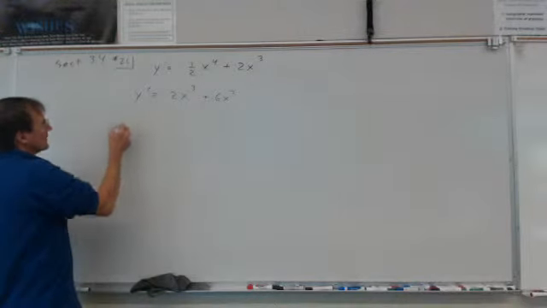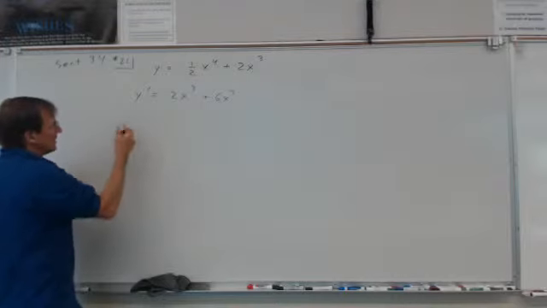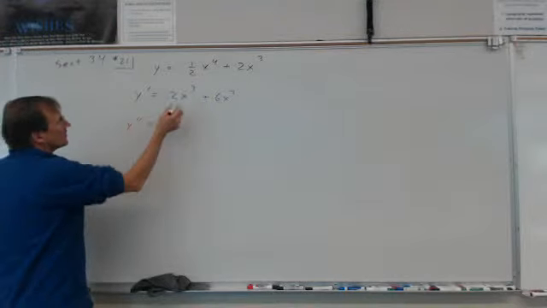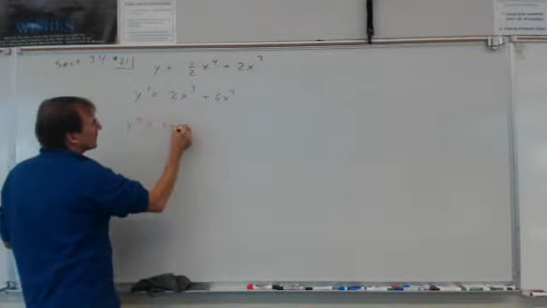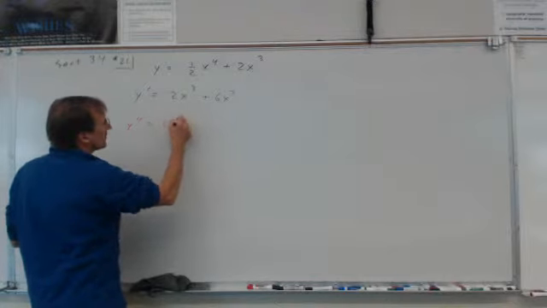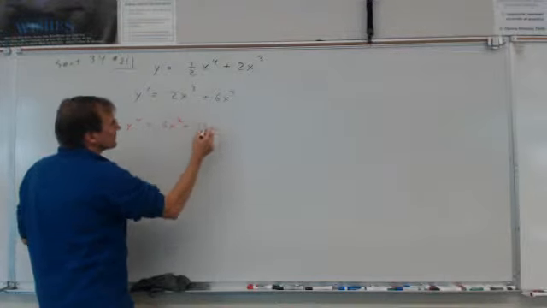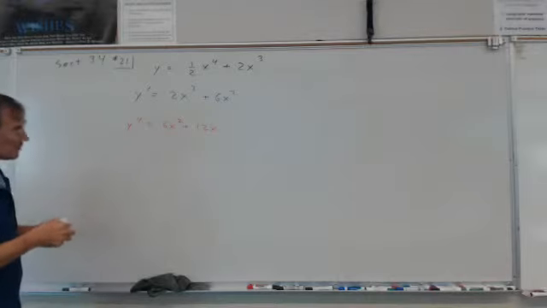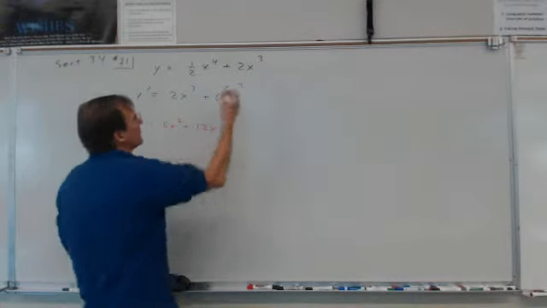And the second derivative is just as easy. That's going to be 6x squared plus 12x. All right? So we can figure out a lot of stuff here if we just factor these.